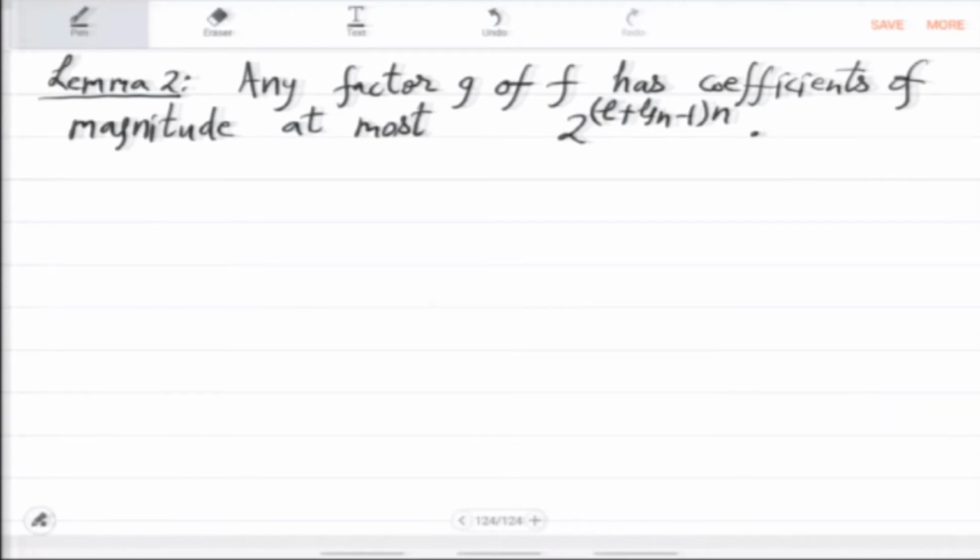Okay, so what is this saying? What did you get in Mignotte's bound?